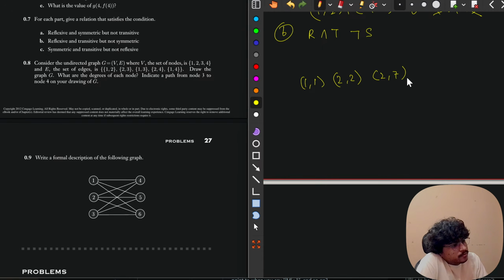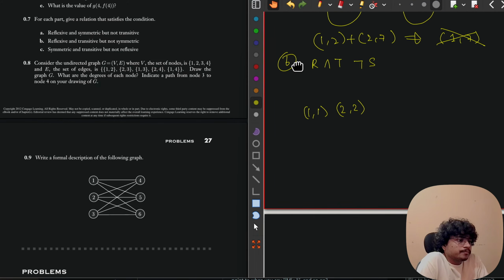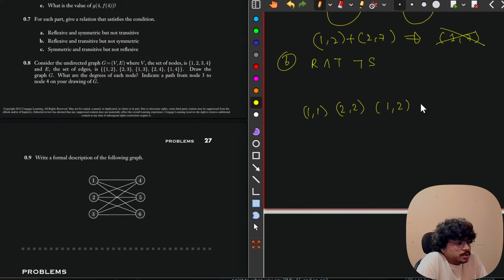Now say there is 1 comma 2 and now there is 2 comma 7. They must be present, 1 comma 7.